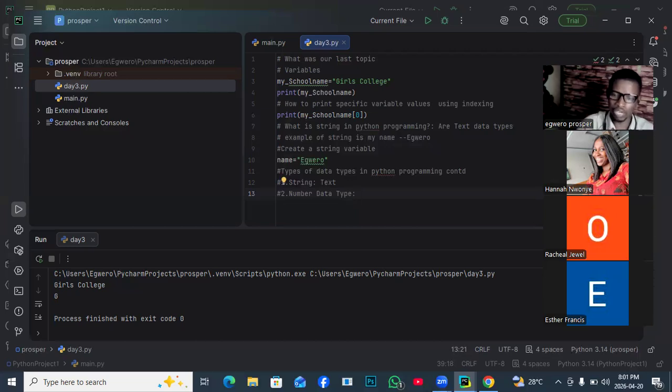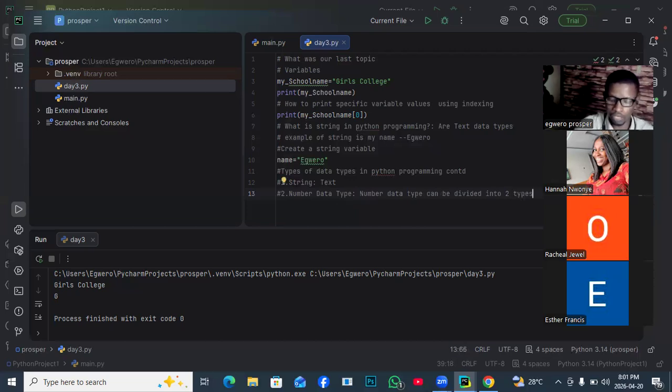So the second example of the basic data type is called number data type. So how do we define this data type? Number data type can be divided into two types.